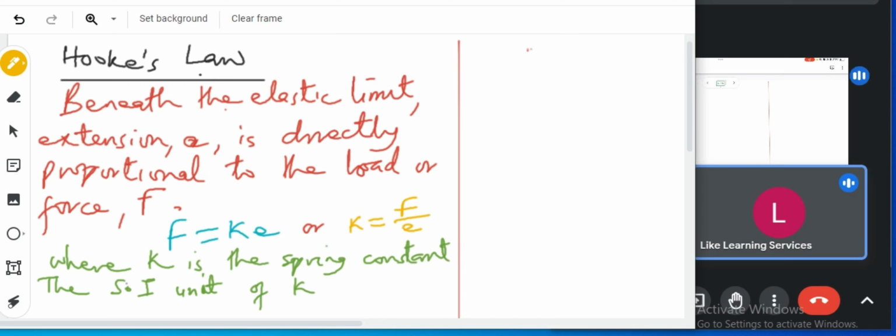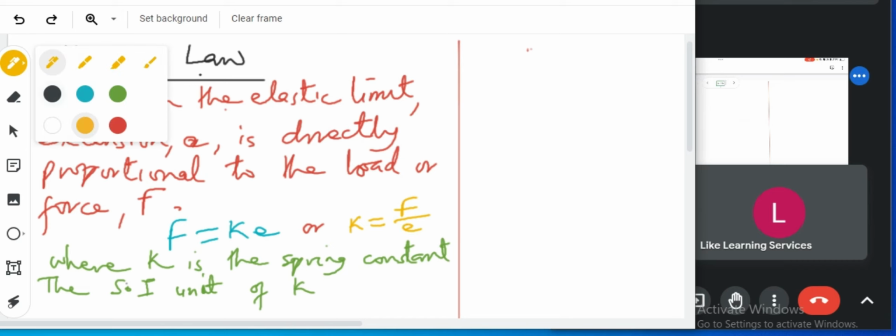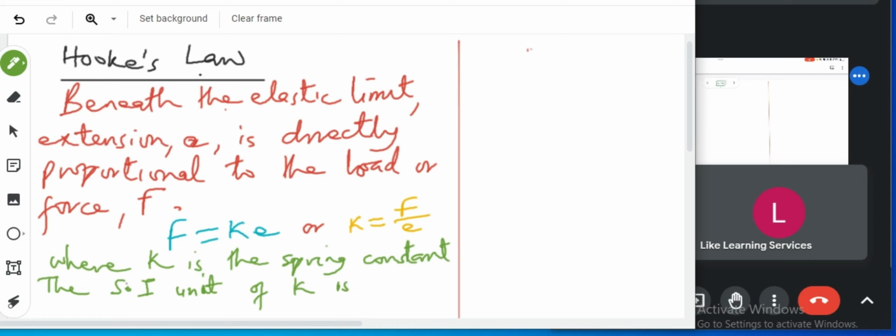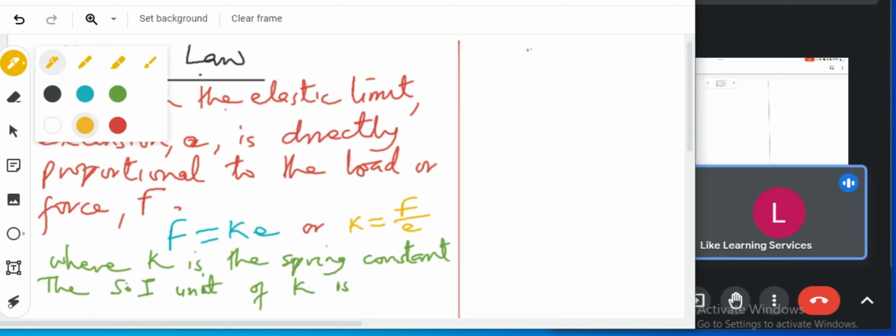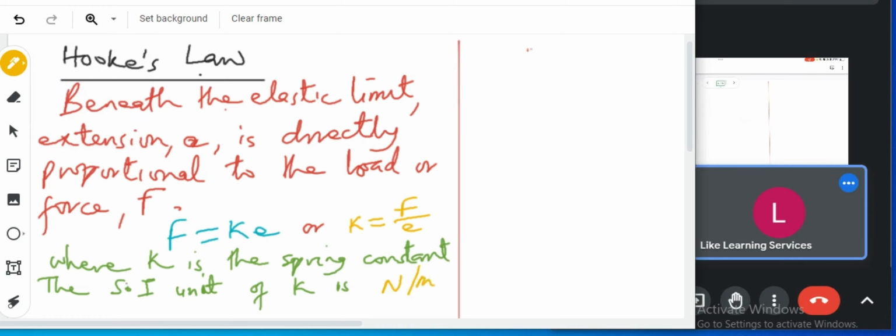So the unit of K should be Newton per meter, because it's about force over length.